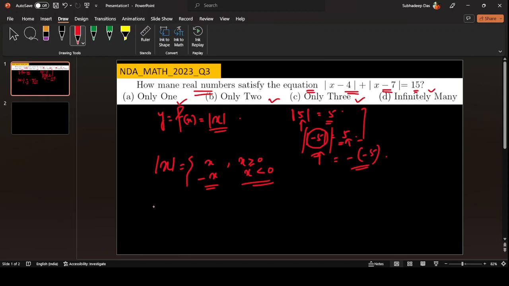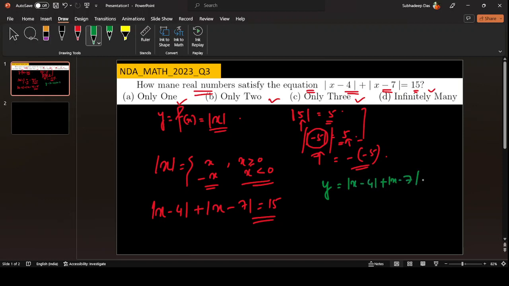So let's write down the given equation: |x − 4| + |x − 7| = 15. We have to find the real numbers for which it satisfies the equation. Now let's consider the function y = |x − 4| + |x − 7| − 15.